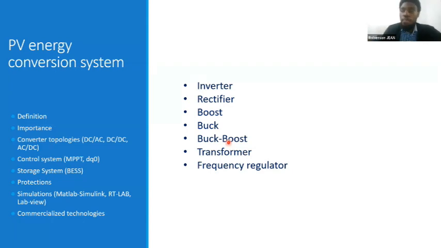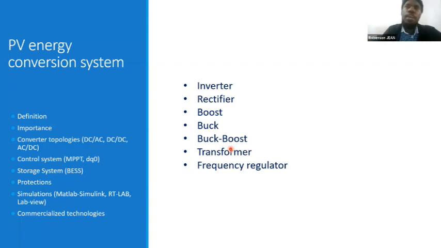For instance, if my DC load has a nominal voltage of 24 volts, and my photovoltaic system has an output of 12 volts, in order to connect my DC load, I have to elevate this voltage with a ratio of 2 times. So I have to implement a buck boost of 2 times that will elevate my voltage. And the buck boost can also do the opposite thing, it can have a buck behavior.